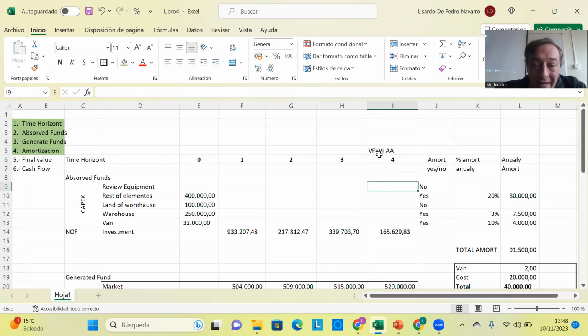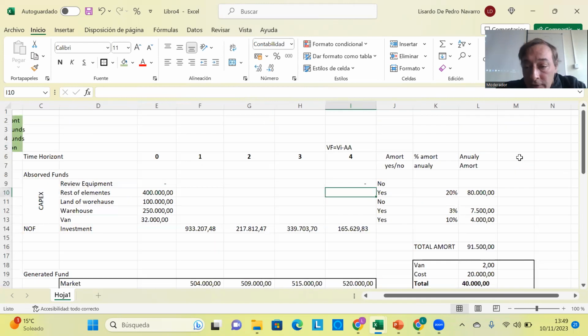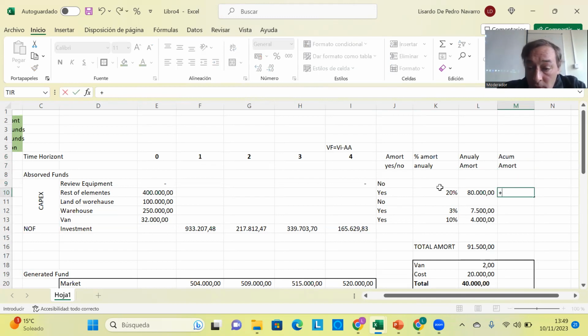So for the investment in negative, for the absorbed funds, as we don't have any value at the beginning, we have no value for the end of the period. For the rest of the elements, as the project is for 4 years, the accumulated amortization is going to be that one by 4 years.